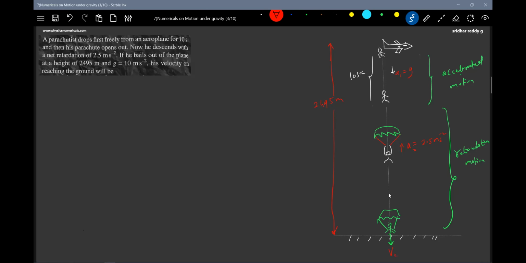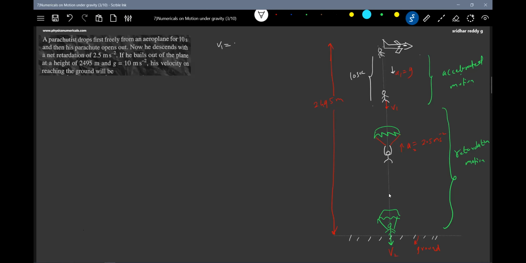That velocity is what we have to find out. Here he will acquire a velocity v1. We have so many other things, we have to plot the graphs also.